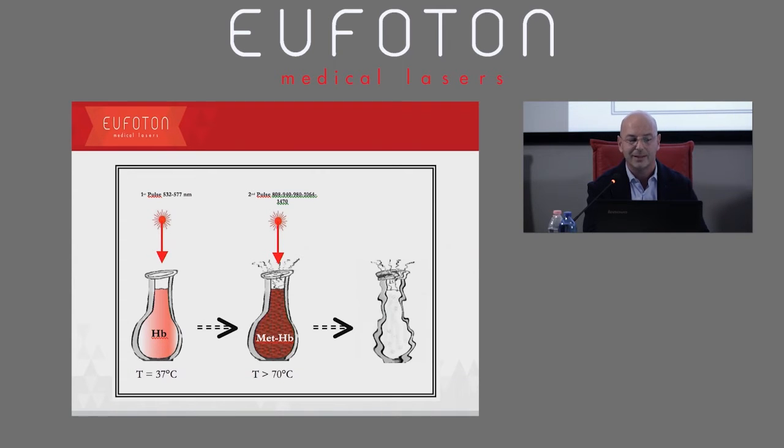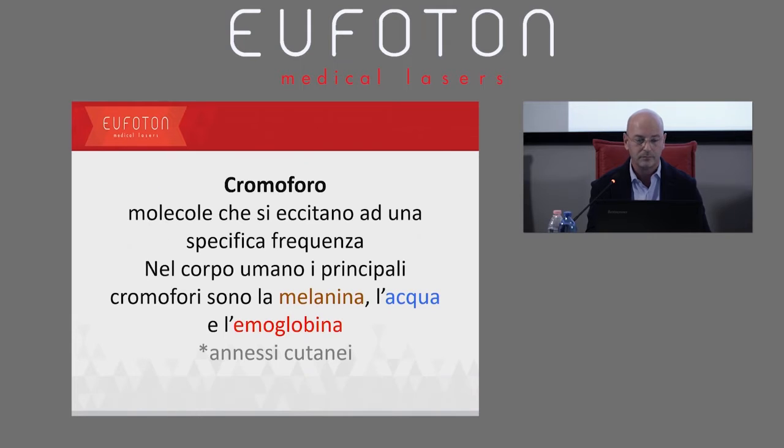It's the second input with the different frequencies, 808, 940, or even higher. I am considering only 940 here. There is vaporization of those elements, and the endothelium is destroyed as well.